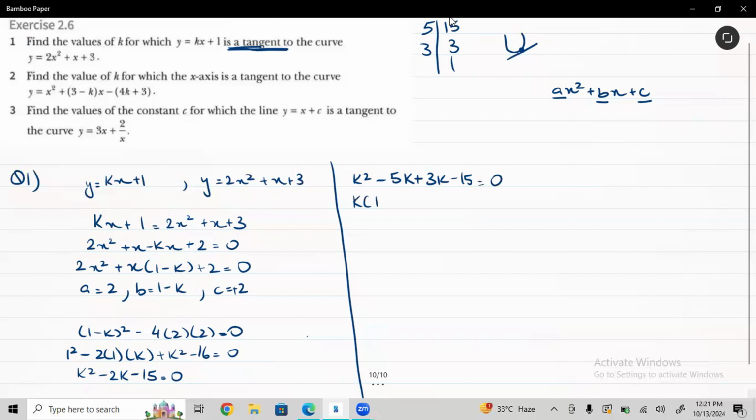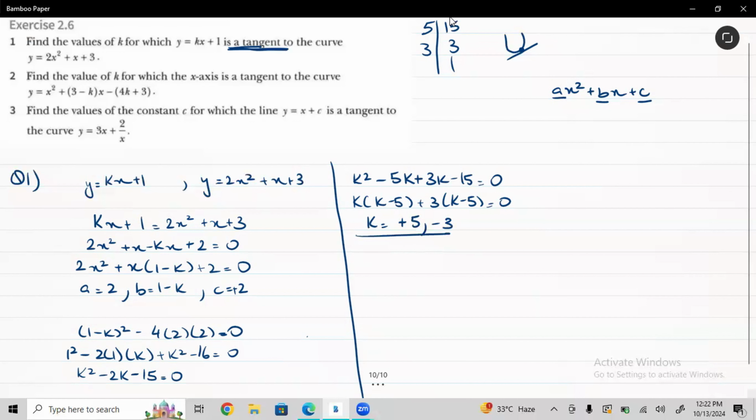Taking k as common, and 3 as common here, we get (k minus 5)(k plus 3) is equal to 0. So k is equal to 3 or k is equal to negative 5. In fact, my bad: k is equal to positive 5 or k is equal to negative 3.